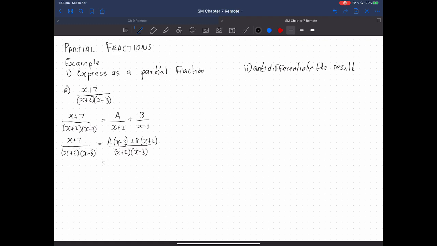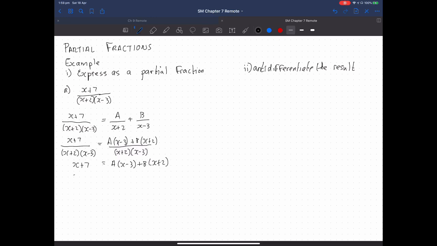So, looking at that, the bottom lines are the same. If the bottom lines are the same, that means the top lines are the same. So, all I need to worry about is x + 7 equals a(x - 3) + b(x + 2).